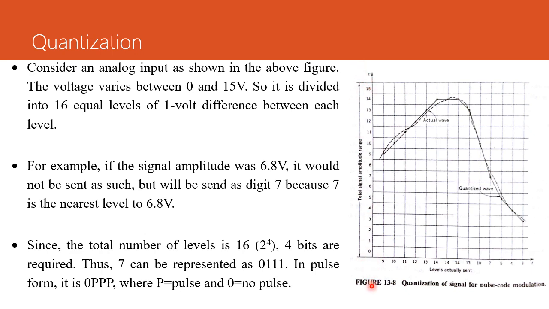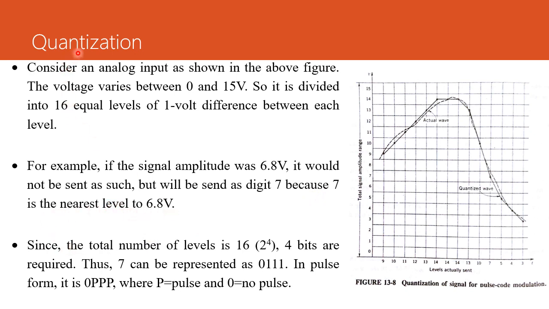This 0 to 15 can be divided into 16 different equal levels, with 1 volt difference between each level. For example, if the signal input was 6.8 volts, it would not be sent as such, but would be sent as digit 7, because 7 is the nearest level to 6.8.